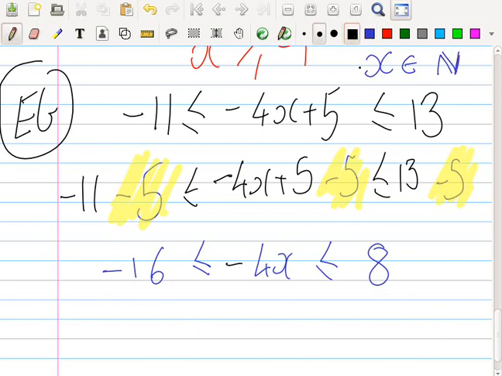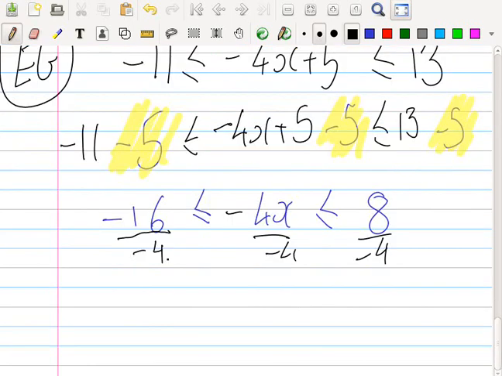Okay. Now, what should I do next? Divide everything by minus 4. So here that becomes 4 and minus 2, but because I divide by minus, these get flipped around.